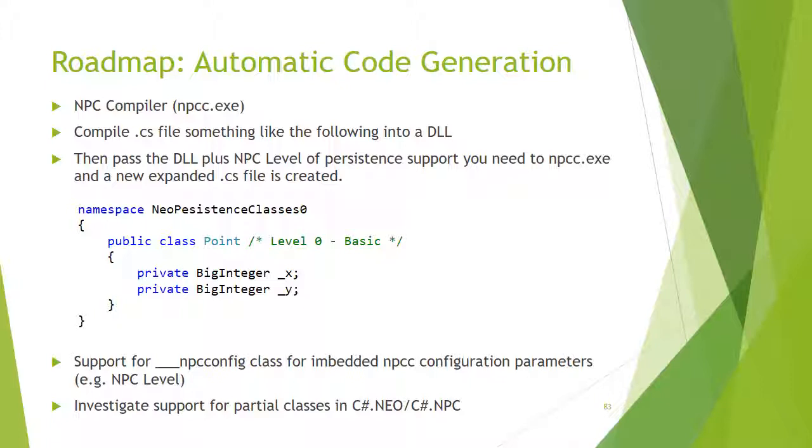And one of the parameters you'd pass to NPCC besides the name of the DLL is what level of support you'd like to have. So let's say you want persistable level. So, basic managed persistable. Well, you'd say I want persistable support for this point function, and NPCC would generate all the C# code for you.